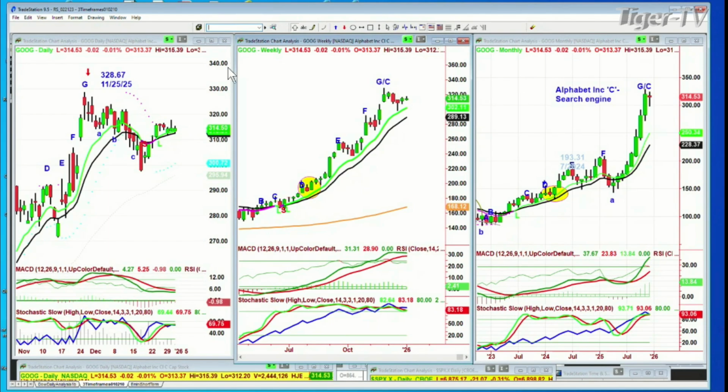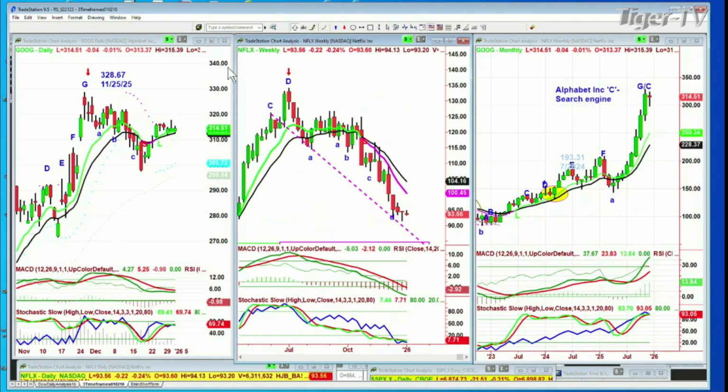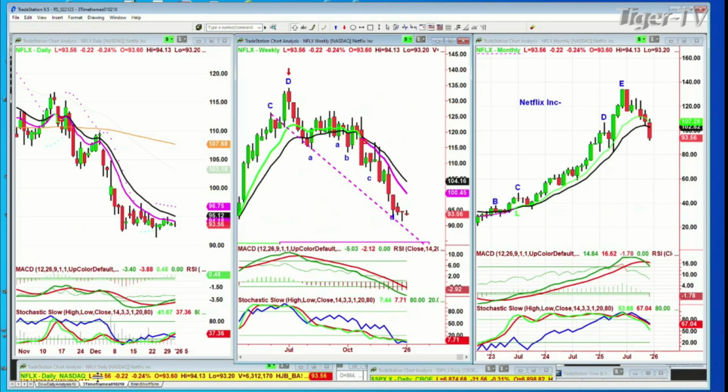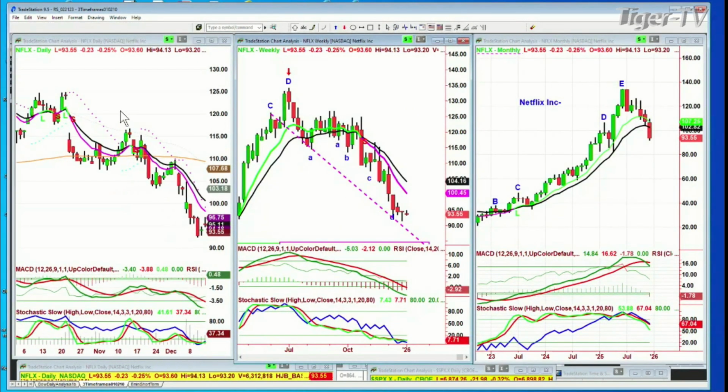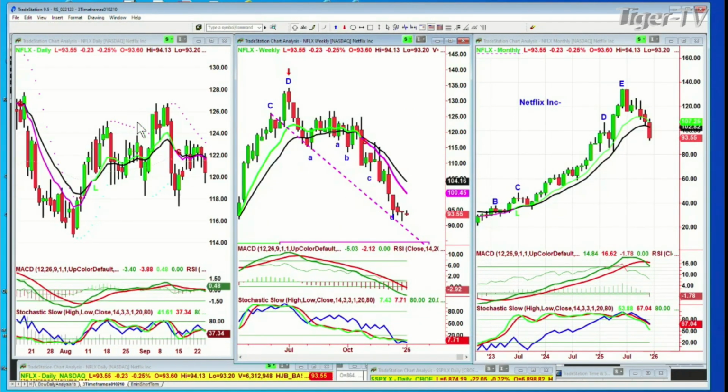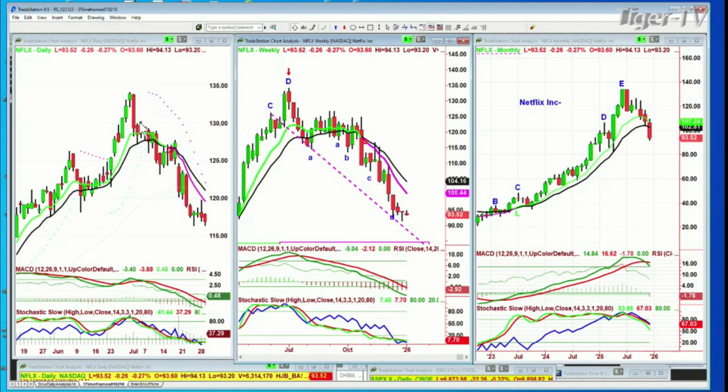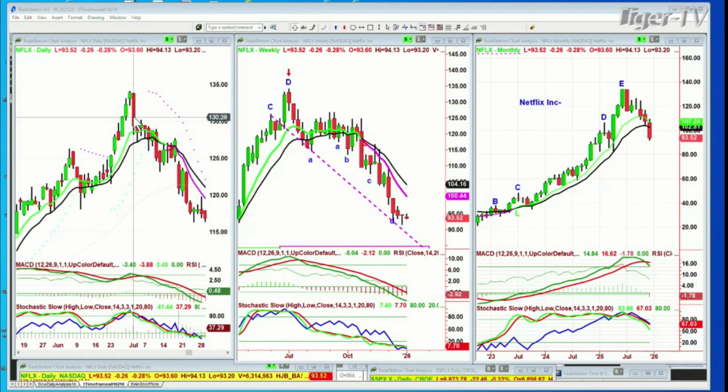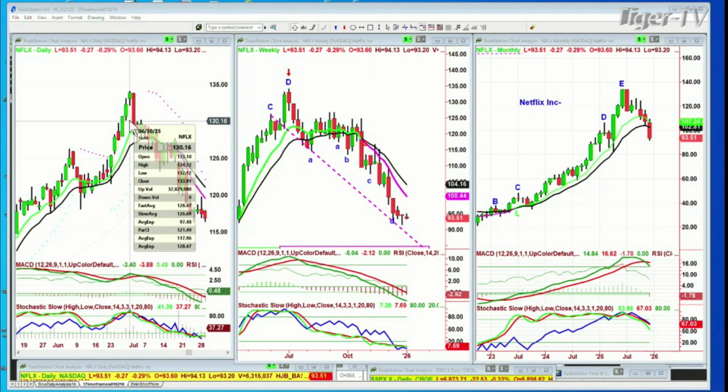What am I missing here? Netflix, NFLX. Whoa! Netflix has gone from the 134 area. What was the high? Didn't I type that in? Oh, I had to redo it and I didn't. Right there, 134. Oh, I remember this, 134.12. And I spoke about it.